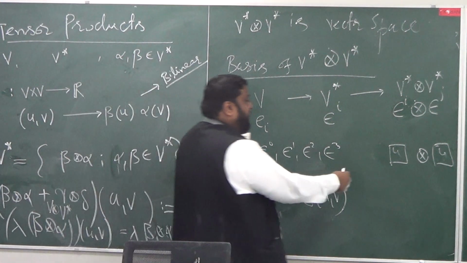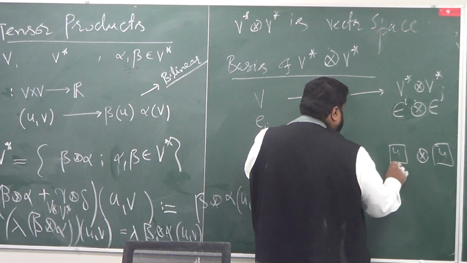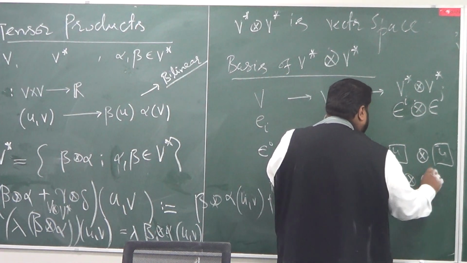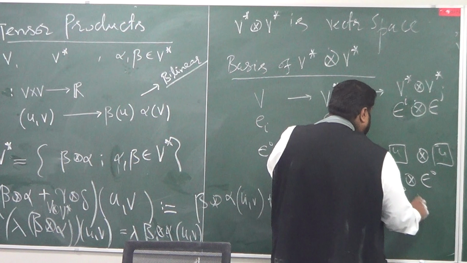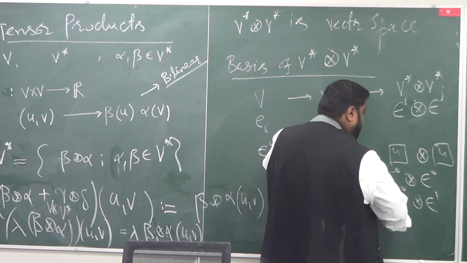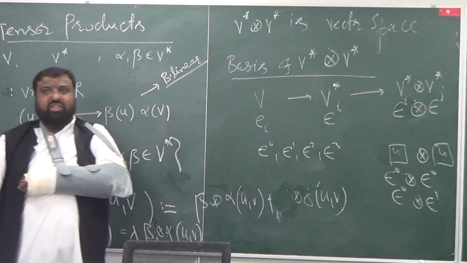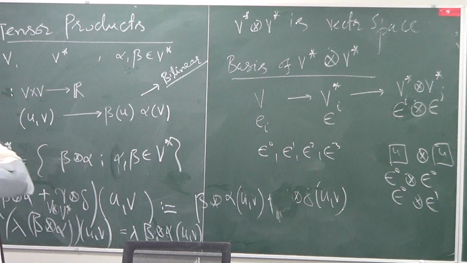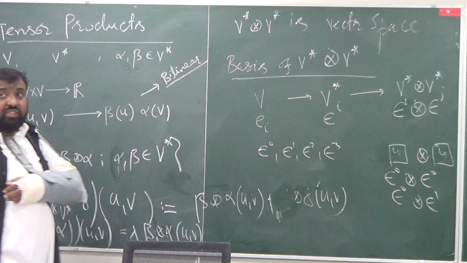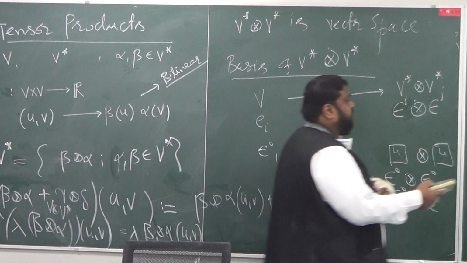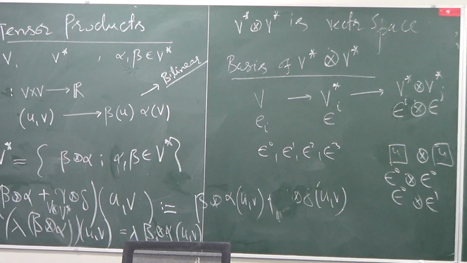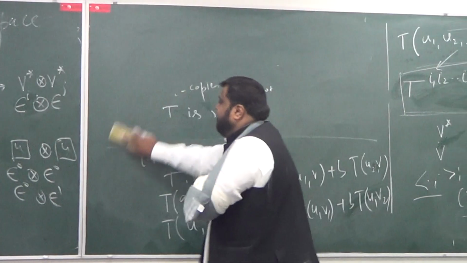So one basis element could be epsilon 0 with epsilon 1, or 2 and 3, or 0 and 1, or 2 and 1, and so on. All these are basis elements. What next thing will we be interested in?